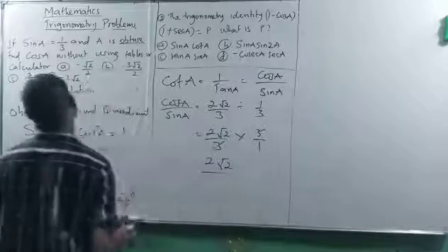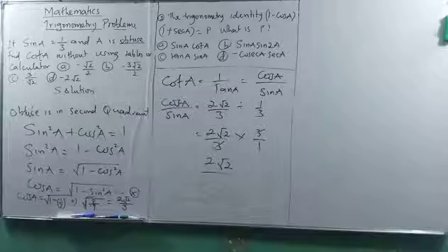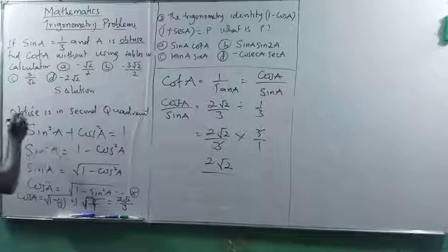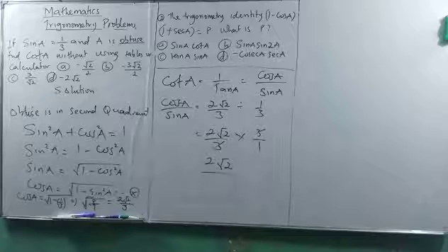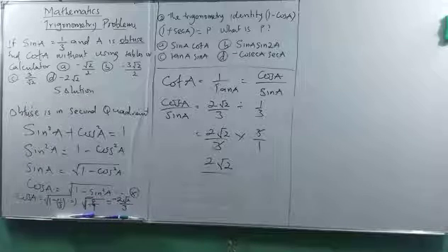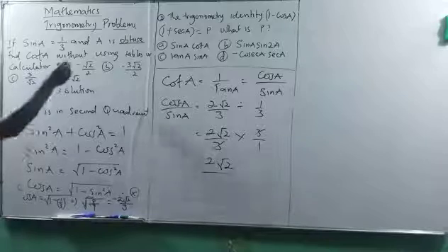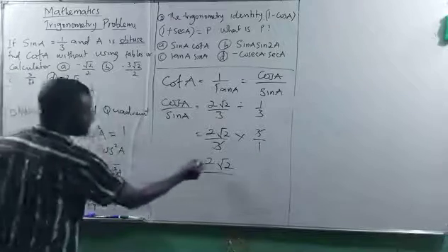I think the question is supposed to be cot. Permit me to write it to be cot. Because if it is cot, it will be 2 root of 2 divided by 3. Here is going to be a minus, because we are talking about the second quadrant. It's an obtuse angle, so there will be a minus here.